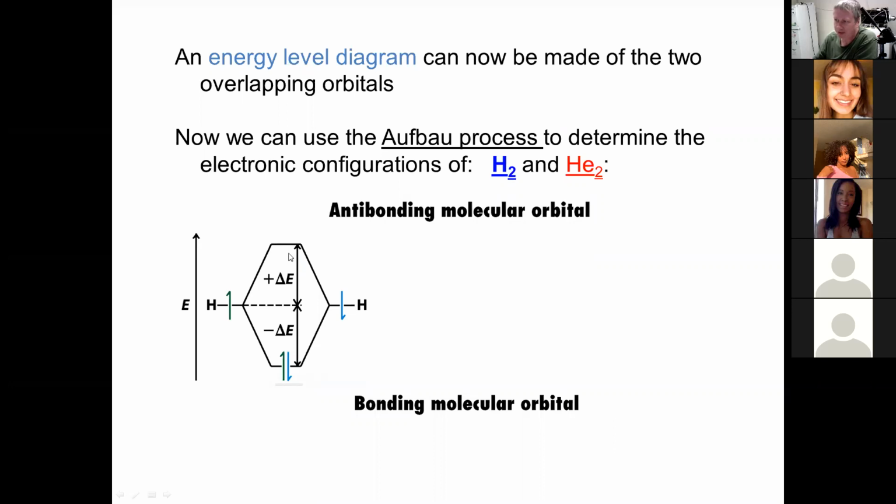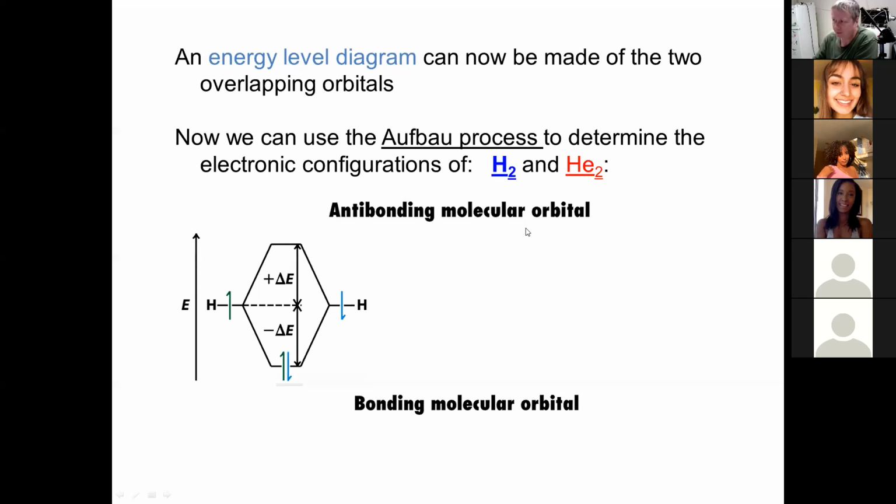Where do the 2 electrons reside? They reside in the bonding orbital. So this is actually a stable molecule. We know of hydrogen. I can purchase a tank of hydrogen from a chemical supply company. And we know of hydrogen as a stable gas. It's flammable, but it exists as a discrete molecule, and you can isolate it, right?